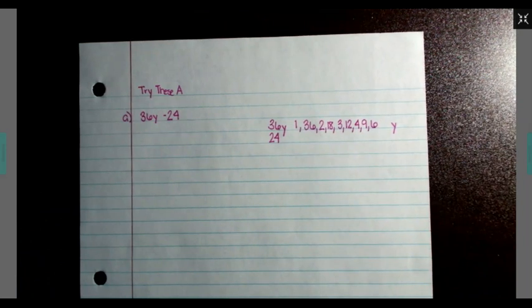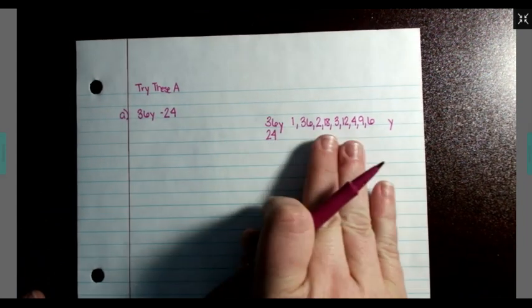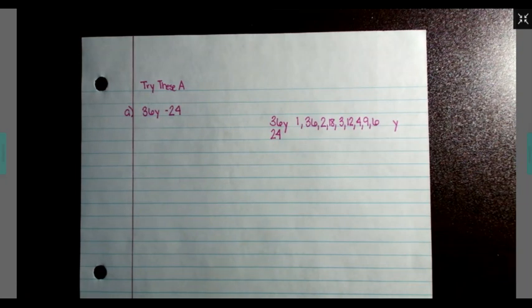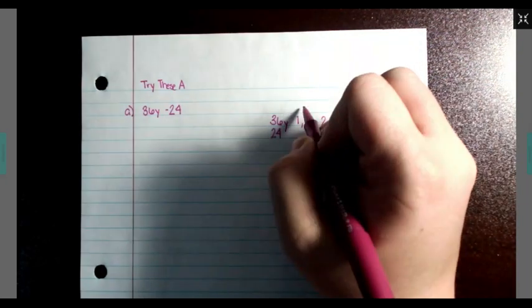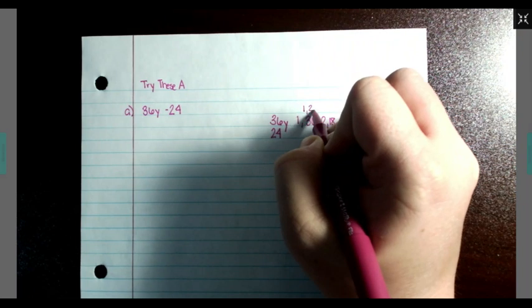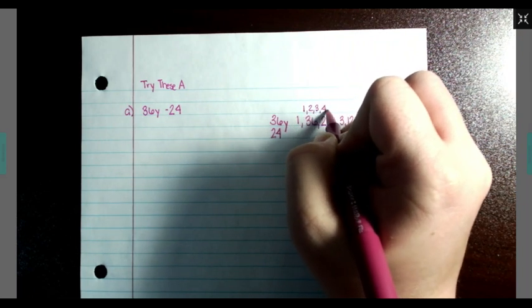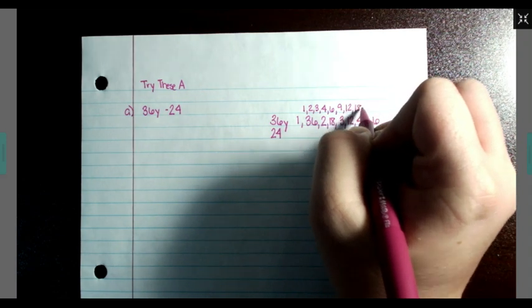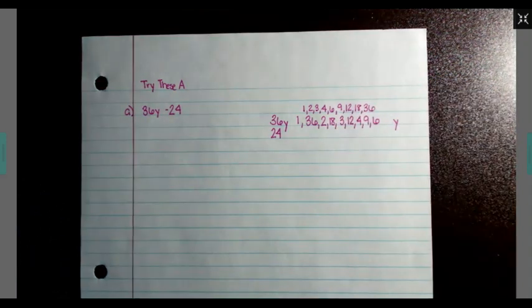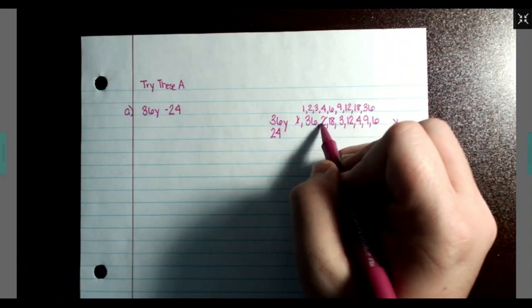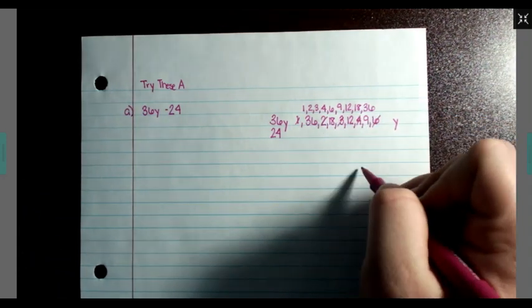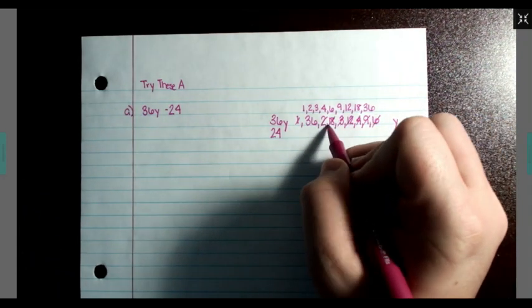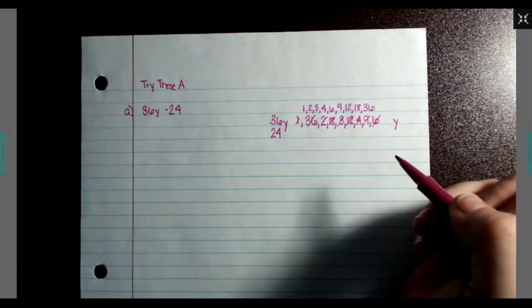But the problem with writing it this way is they're not in order from least to greatest. So I'm going to rearrange this and put 1, 2, 3, 4, 6, 9, 12, 18, and 36.